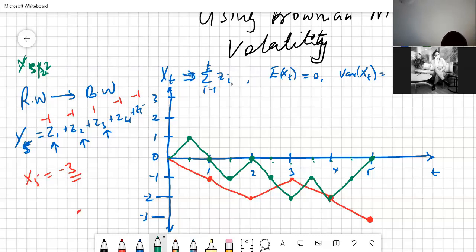Okay, if we reduce the time interval further to a quarter, within t equals 1 we have 4 outcomes. So we could have it there, then there, so within here we have at least 4.